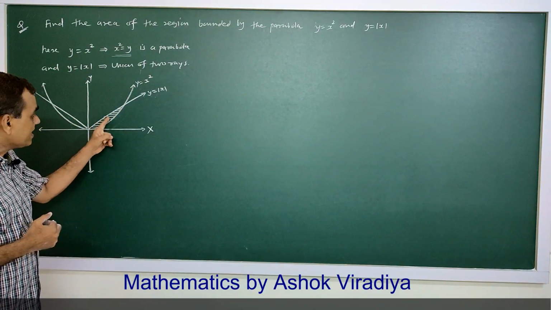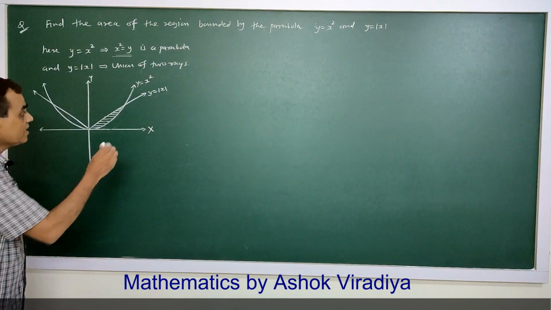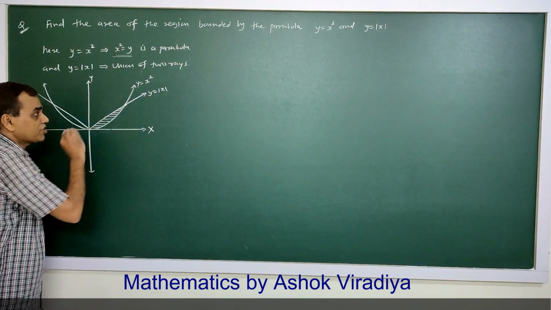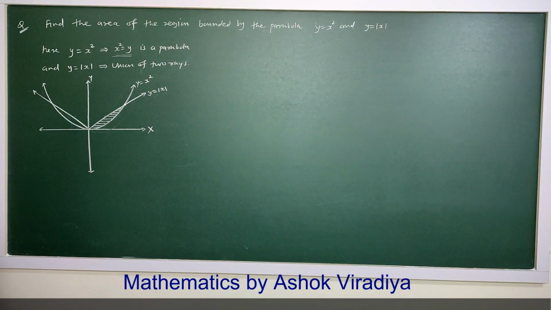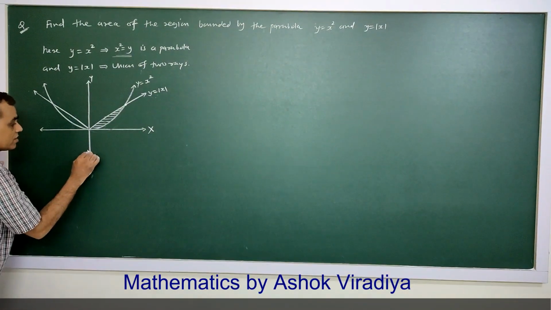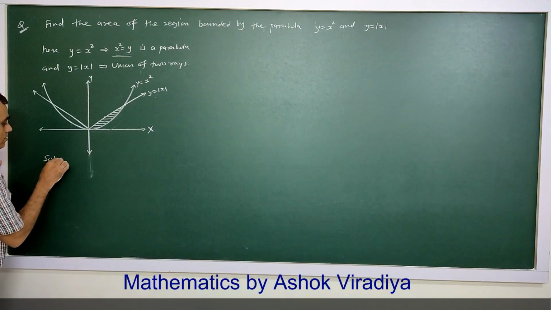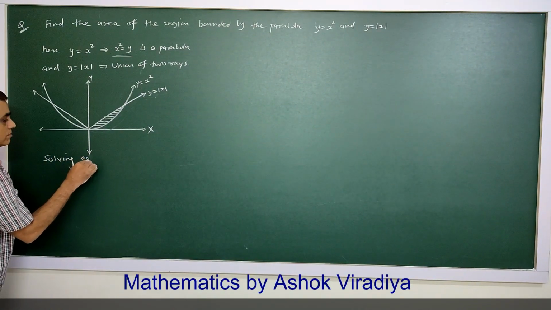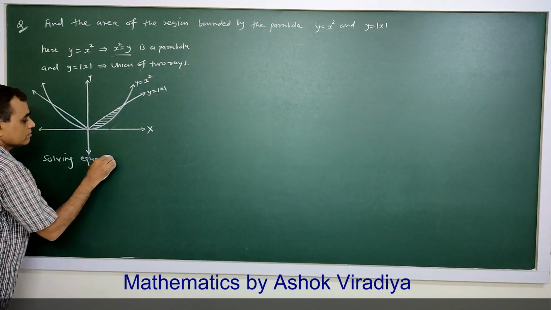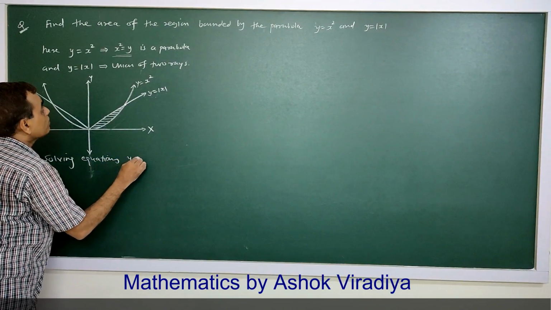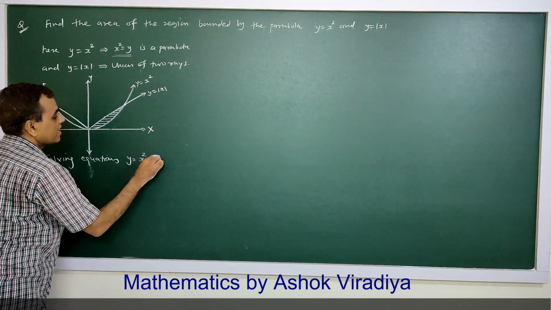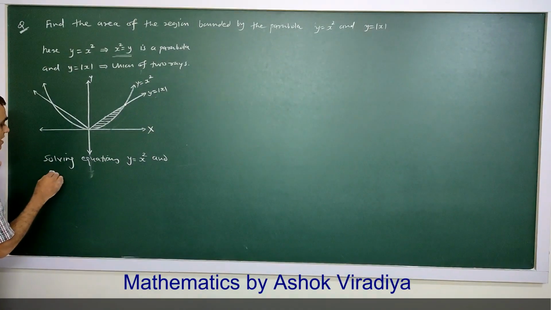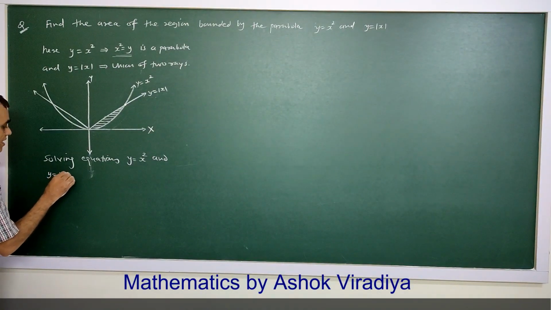Now to find the area in the first quadrant, we require the point of intersection. So for that we solve these two equations, y equal to x square and y equal to modulus x.